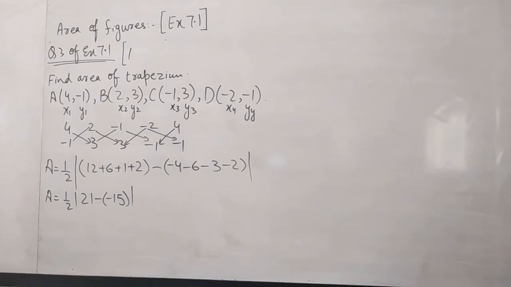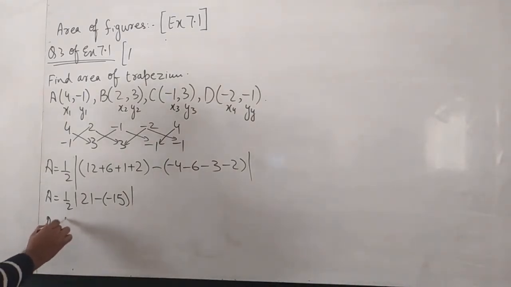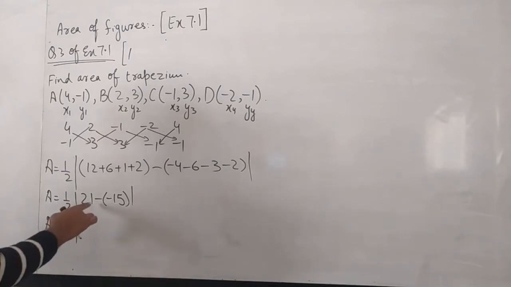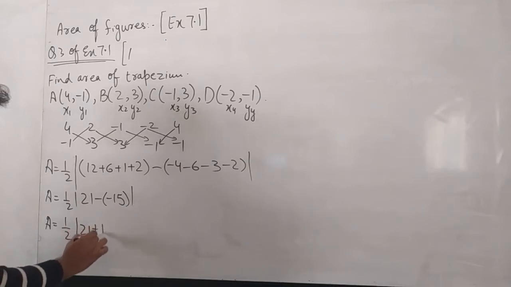When I simplify it further, A equals half, minus minus plus, so 21 plus 15.